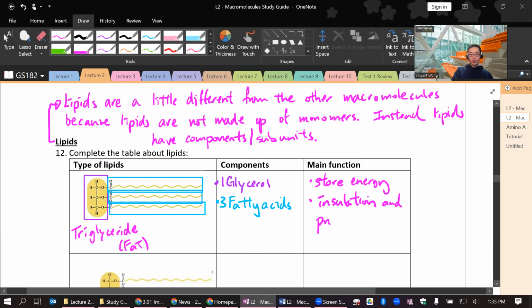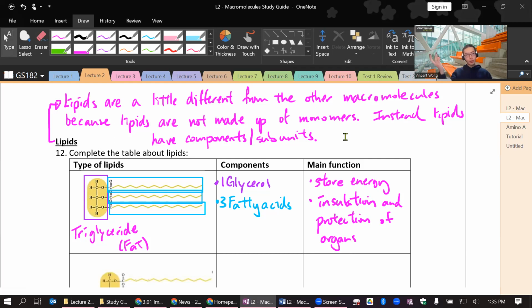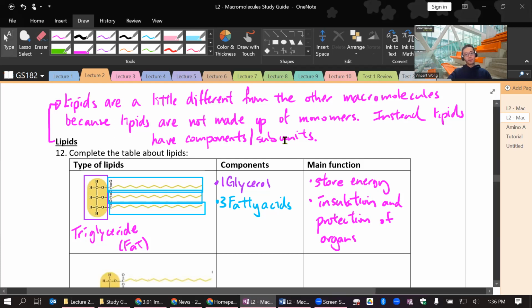And protection of organs. It's not uncommon to have a little bit of fat around key organs, your liver, your kidneys, your heart. Those fats will insulate them, meaning it will keep them warm. It will protect them, cushion them a little bit. But of course, you don't want to have too much, right? Too much is going to interfere with the normal functioning of the organ.